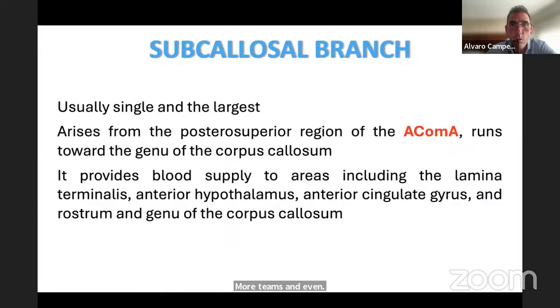In relation to the subcallosal branch, it is usually single and the largest, and usually arises from the posterior superior region of the ACom artery and runs toward the genu of the corpus callosum. It provides blood supply to areas including the lamina terminalis, the anterior portion of the hypothalamus, the anterior cingulate gyrus, and the rostrum and genu of the corpus callosum.